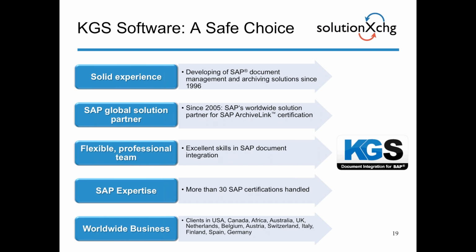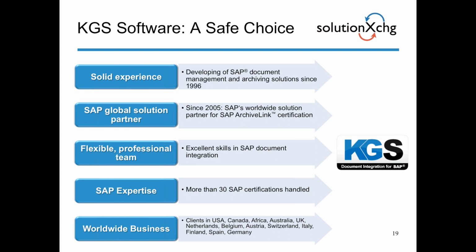KGS software is a safe choice. KGS has been around since 1996, and since 2005 has been SAP's worldwide solution partner for SAP Archive Link certifications. They have an excellent skill set in SAP document migration and have handled more than 30 SAP certifications for various archive server systems by multiple vendors in the US and in Europe.